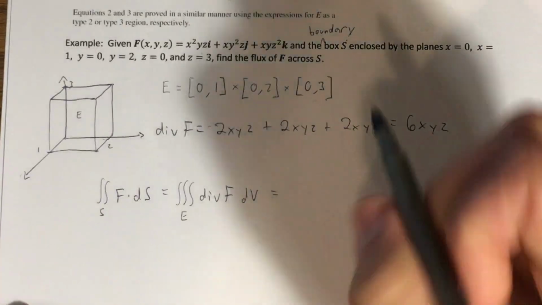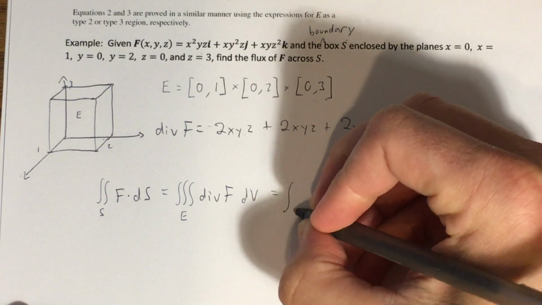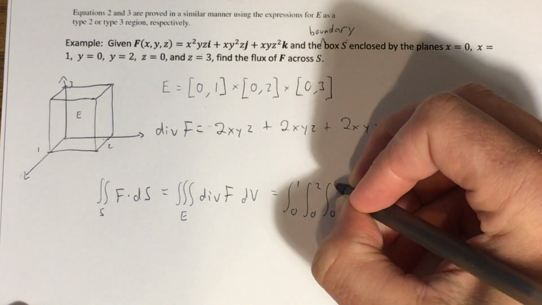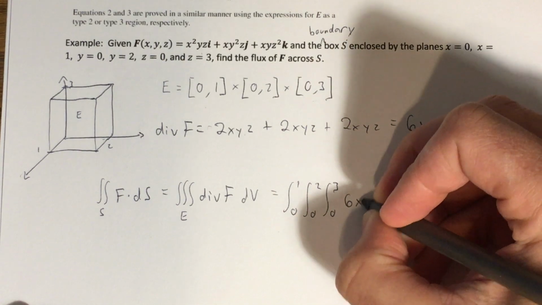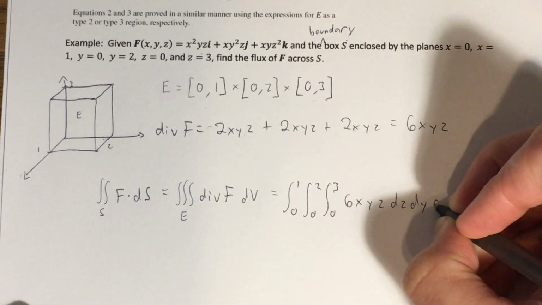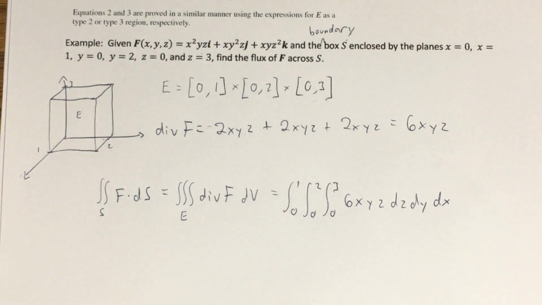I actually just get to use the simplest case of constant limits of integration here. 6xyz dz dy dx. It's perfect.